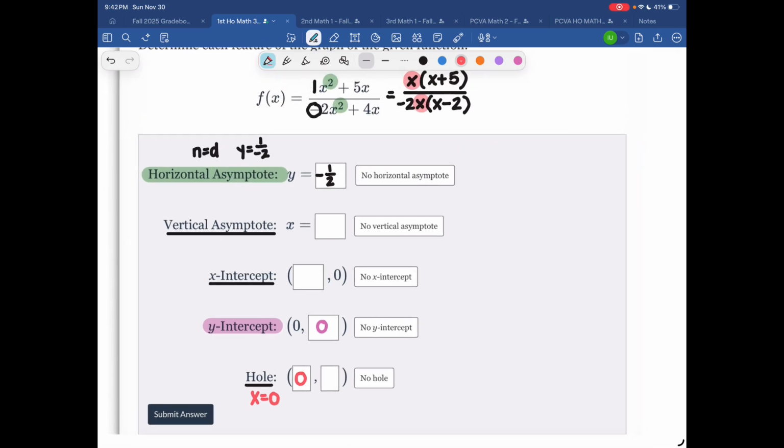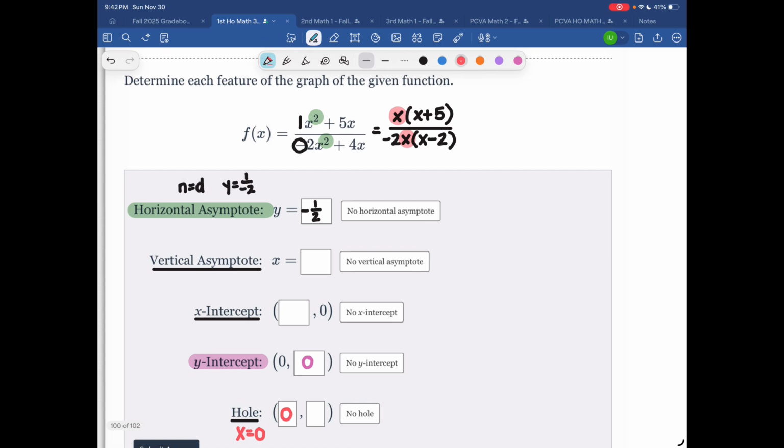But what else is left? They're going to want you to tell the entire point. So what's left is x plus 5 in the top, and in the bottom, we have -2 and then x minus 2, because we took those x's that were not in the parentheses and canceled them out because they were a common factor. All right, so how do I find the rest of the point? Well, we find the rest of the point by substituting in the x value.